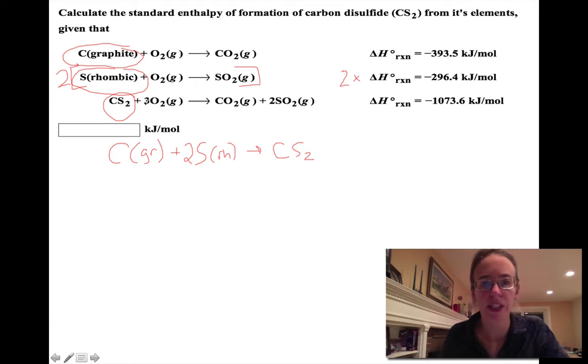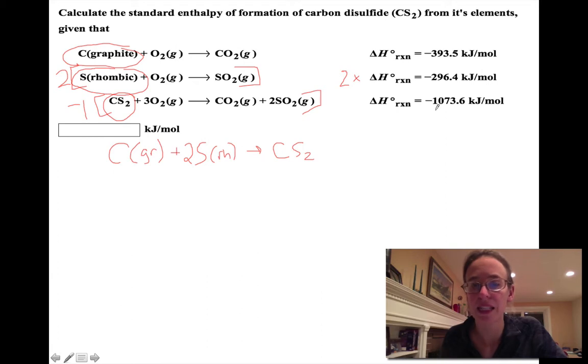Now the third reaction here gives us the carbon disulfide, but it's shown as a reactant, and in our goal reaction it's a product. So we're going to multiply this whole reaction by -1. That's the same as stating the reaction in the opposite direction. You can see this reaction is a combustion reaction, carbon disulfide reacting with oxygen, and it gives off heat.